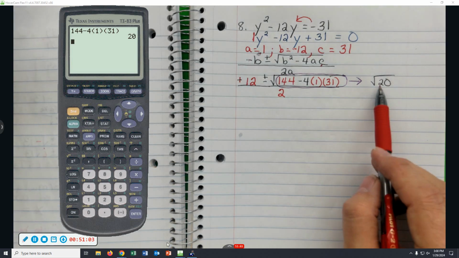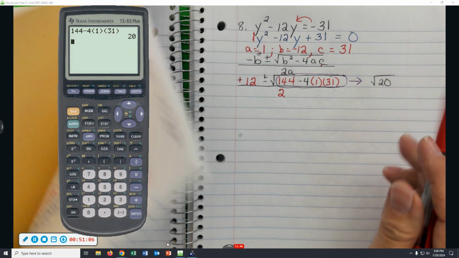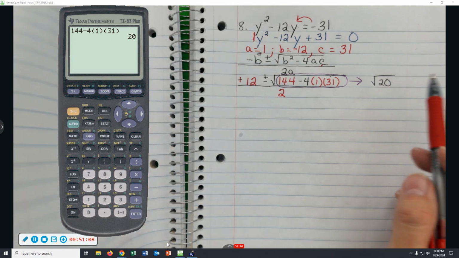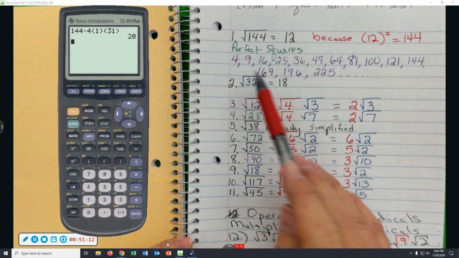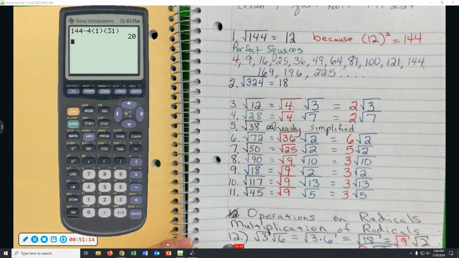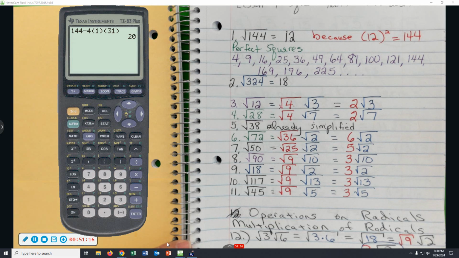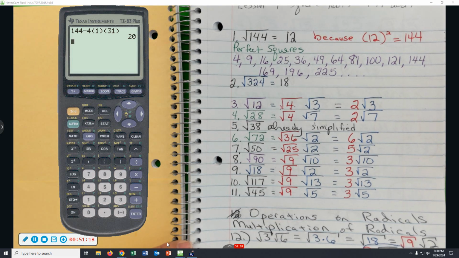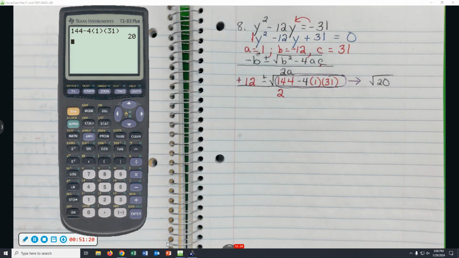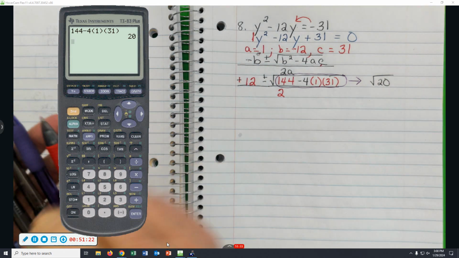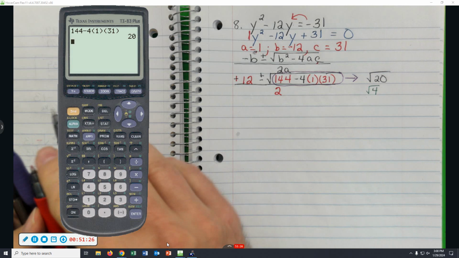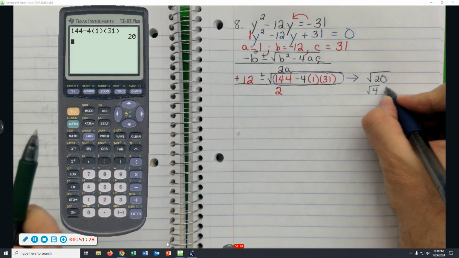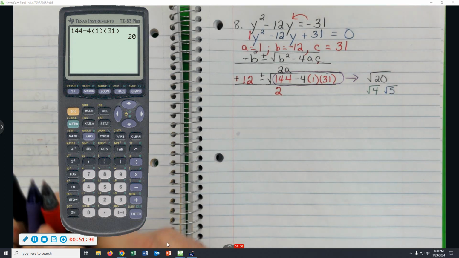Is there a perfect square that divides evenly into 20? Again, going back to the first day of the semester, looking through our list of perfect squares, only one of those numbers divides evenly into 20. What is it? 4. So I'll think of this as 4 times 5, so square root of 4 times square root of 5.